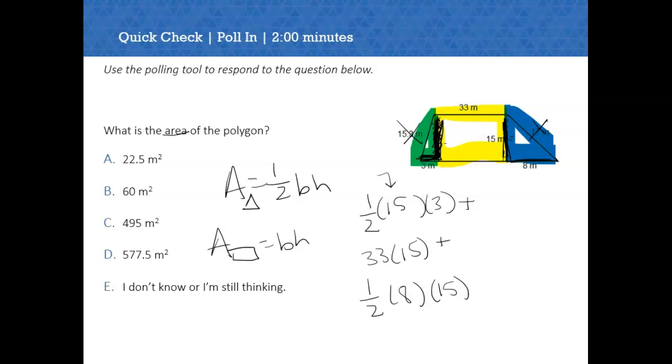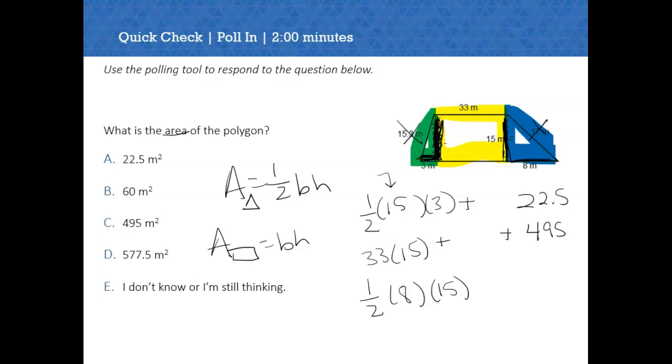So if we add up in our calculator, 1/2 times 15 times 3 is 22.5. So I'm going to write 22.5 plus 33 times 15 is 495.